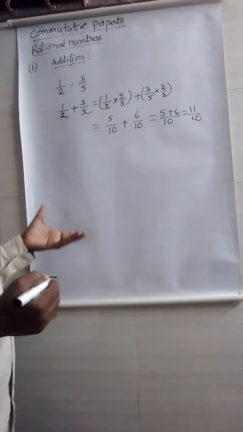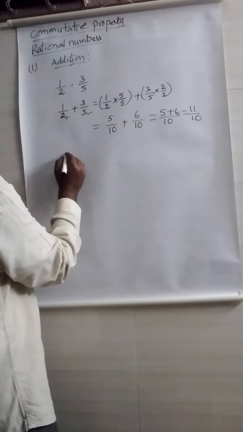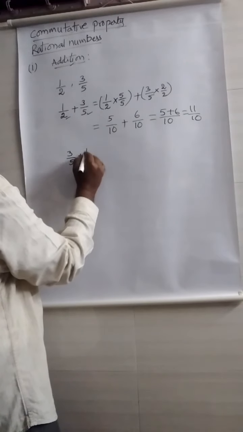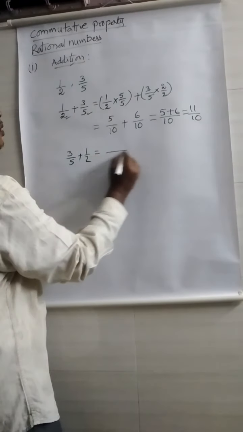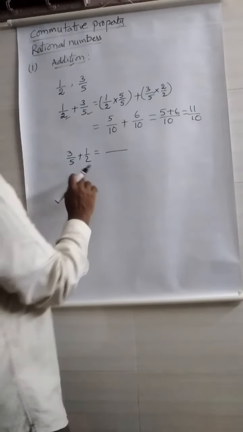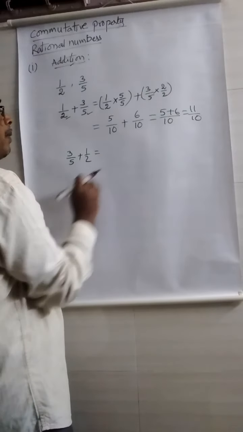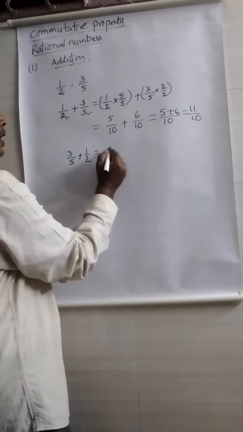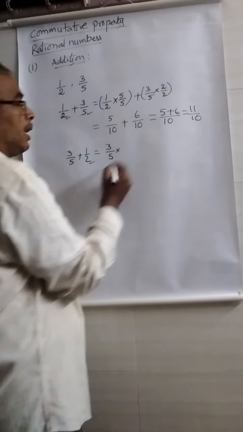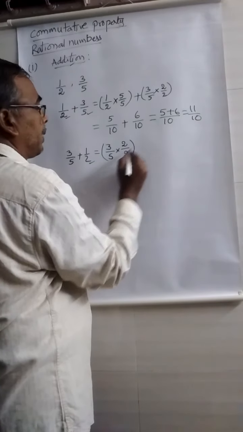Now you reverse the order of the taken two numbers. That means now you proceed with, you write first 3 by 5, after that you write 1 by 2. Now sum of these two like what we did previously. Here 3 by 5 plus 1 by 2 is not like fractions, hence you may convert these two also into like fractions. 3 by 5 into what is the denominator in the second? 2. So you may write like this and multiply them.